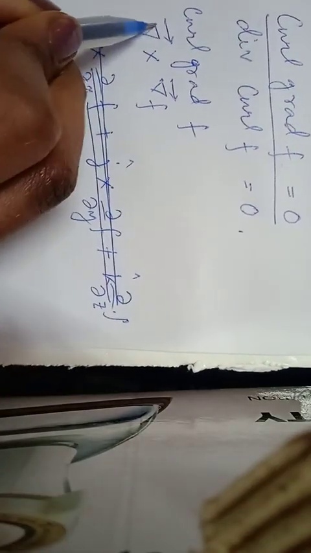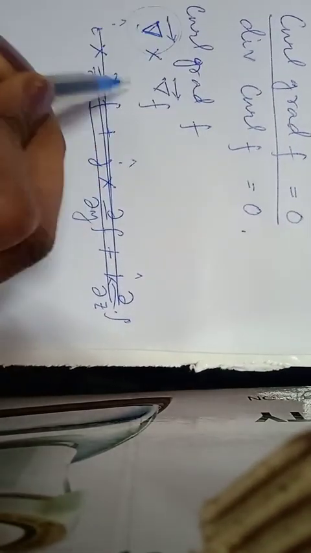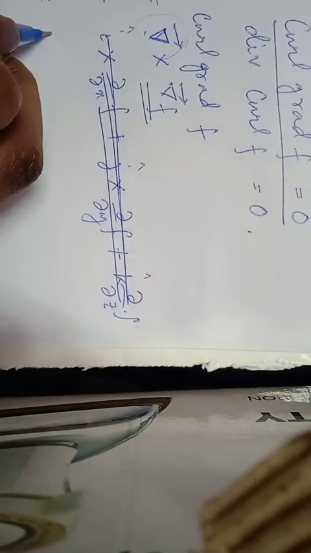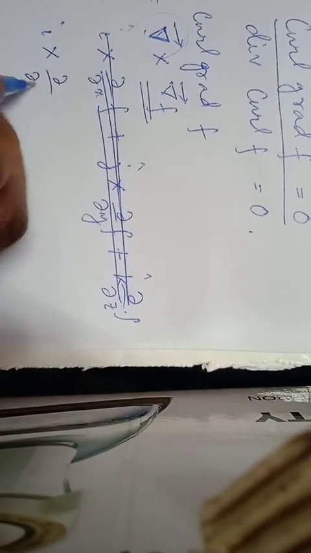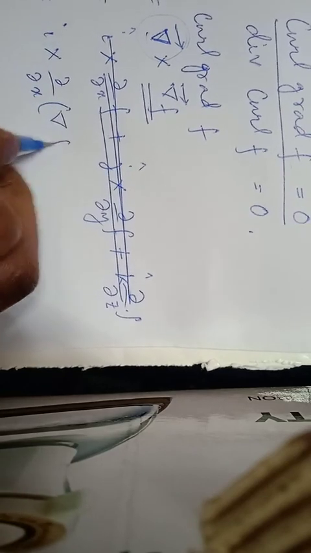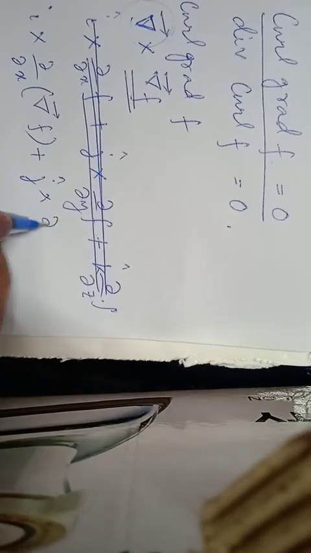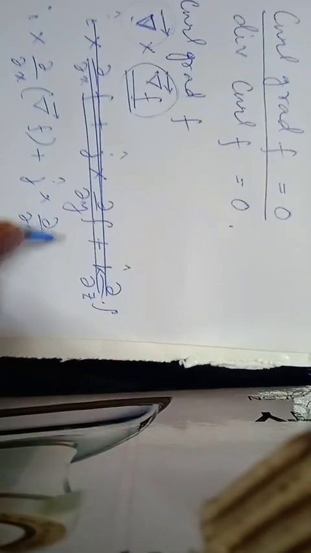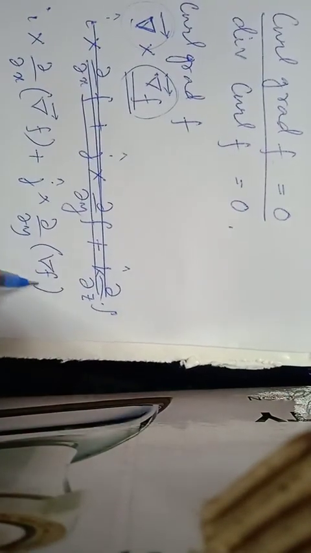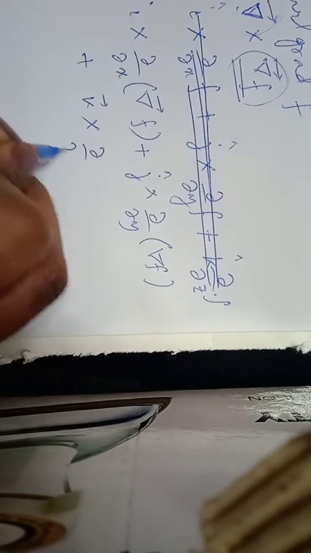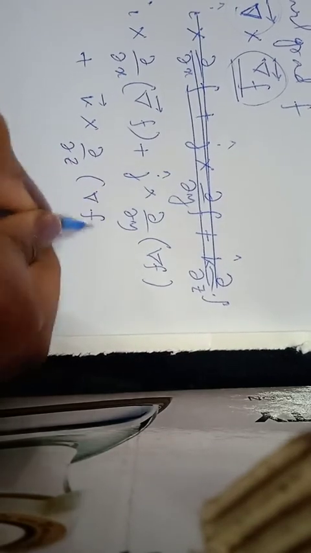Curl of grad F, right? Curl of something, that means we can write i cross del/del x of that thing, that is grad F, then j cross del/del y of this thing, plus k cross del/del z of this thing.